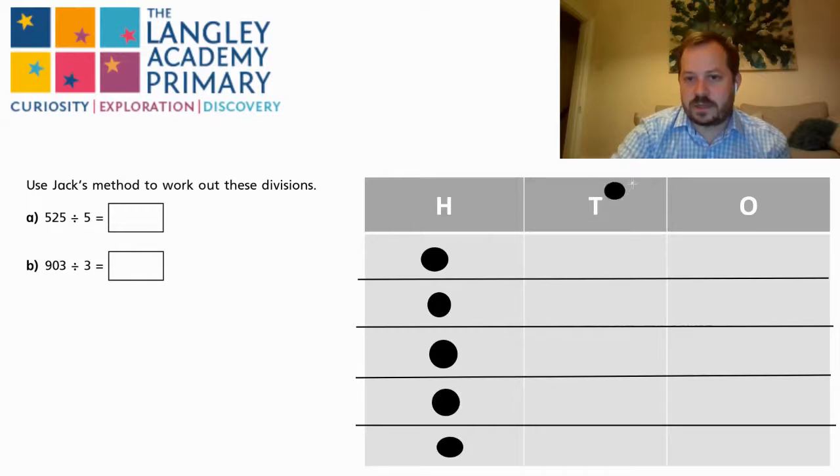So the 2 tens that we have left, which are here, are going to have to move and be exchanged into ones. So that means we have 25 ones that we have to equally share. So 25 divided by 5 is 5. That means in each row we need to put 5. There we go. And we keep going down.